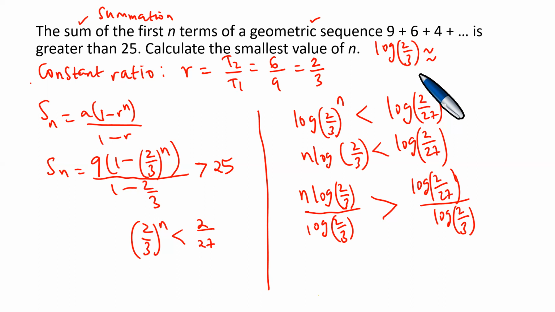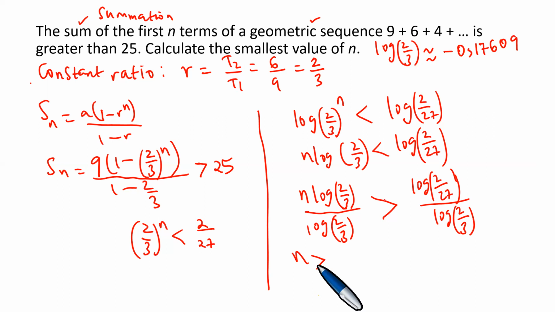Right, so you have approximately minus 0.17609. So it is indeed a negative number. So in mathematics, if you divide by a negative number, the inequality, if it's less than, must change to greater than. So that we have that n is strictly bigger than.